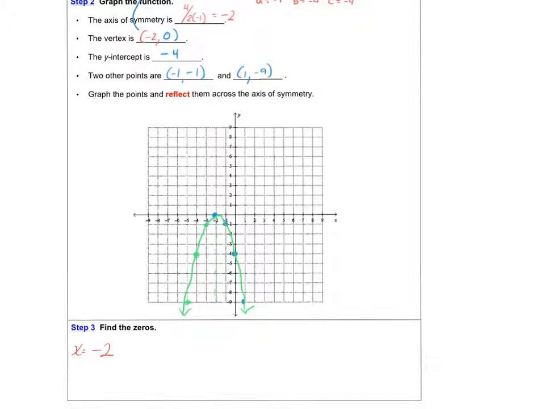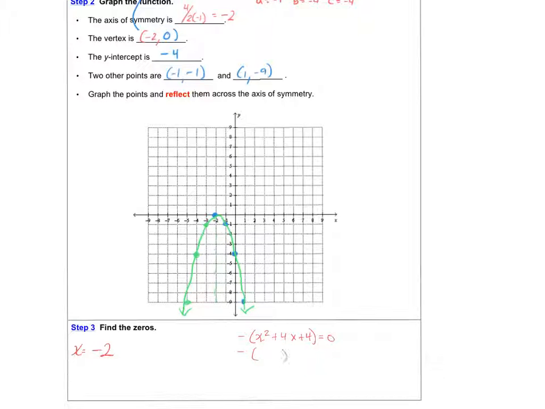That is my zero. And if you know the quadratic formula or you know how to factor already, you could go ahead and do that. So if we take out a negative, when we factor, we end up with x squared plus 4x plus 4 equals 0.